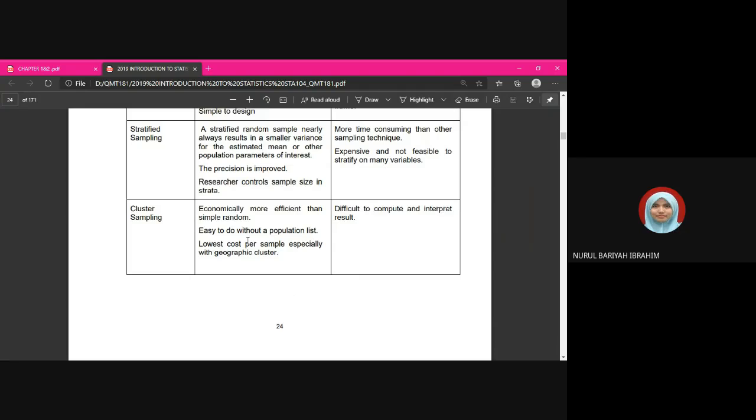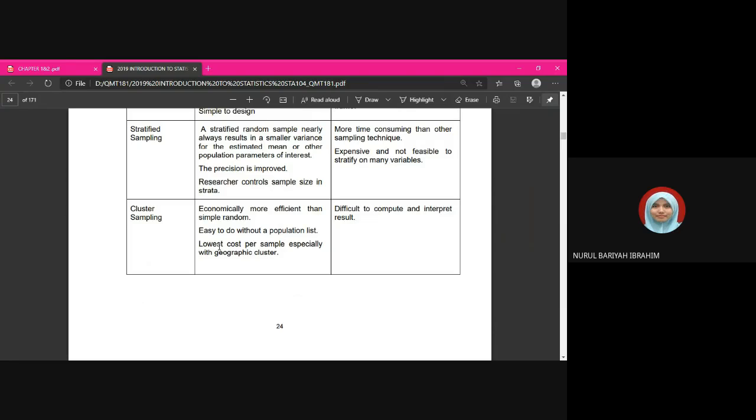Okay, for cluster, dia punya advantages adalah economically more efficient than the SRS, easy to do without a population list, lowest cost per sample, especially with geographic cluster. Okay, lower cost if the population is large, sebab kita hanya select, kita akan hanya fokus kepada certain geographic area sahaja.